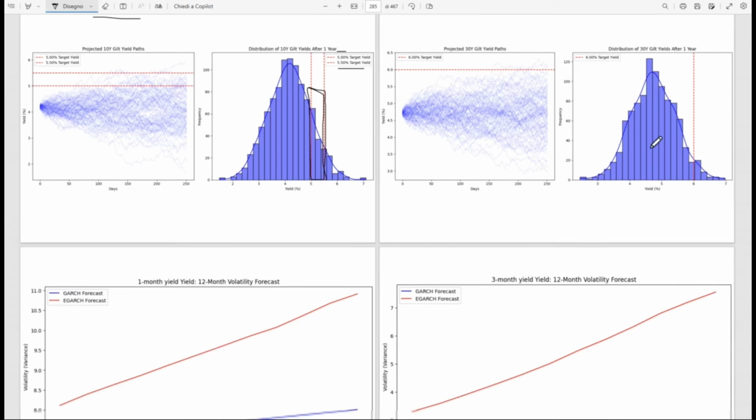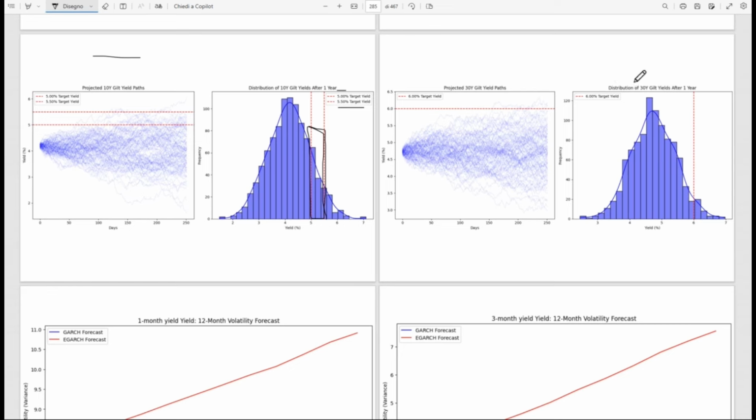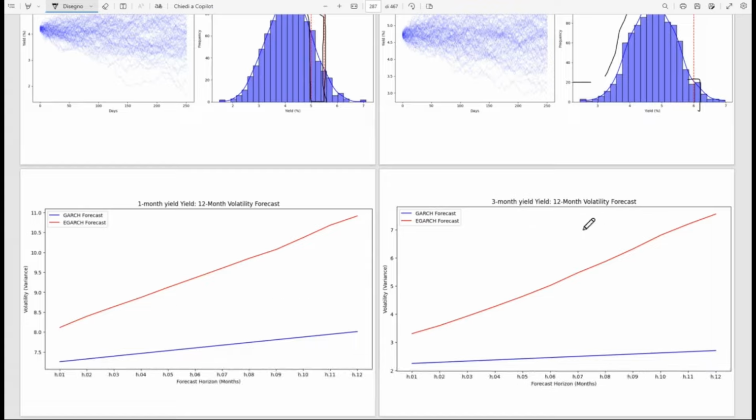And this is the distribution probability that the 30-year will go to 6%. This is a smaller probability, around 20%, but for the 10-year, it's between 20 and 40% probability. Well, this is frequency, sorry, but there is higher frequency, higher density of data.